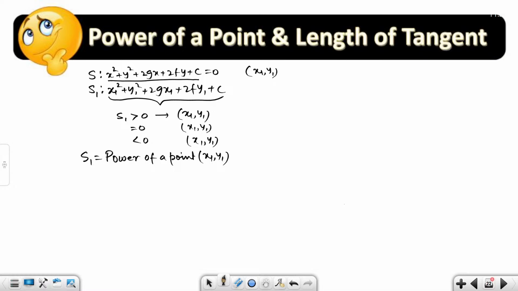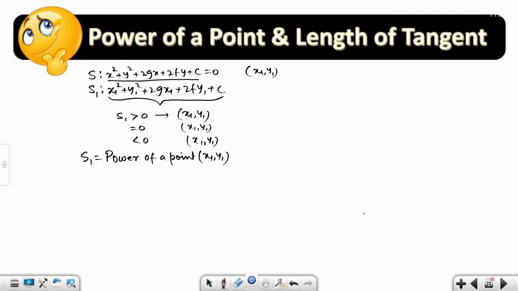Every time I will say it in that way. To check whether the point is outside, I check the power of the point. If it is greater than 0, definitely it is outside. If it is equal to 0, definitely it is on the curve. And if it is less than 0, it is inside the curve. Okay, so please do remember this power of a point.